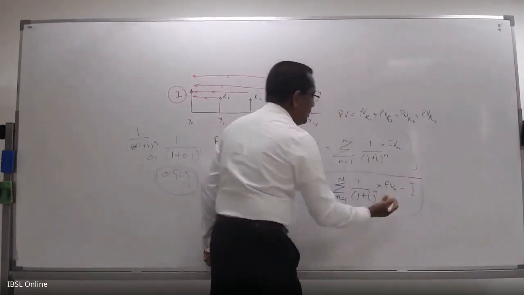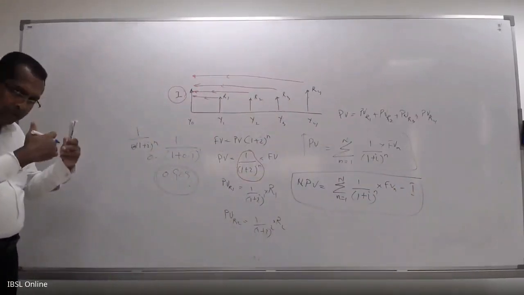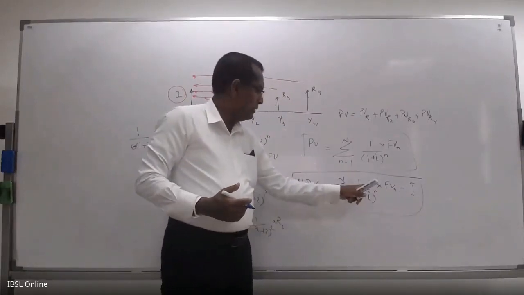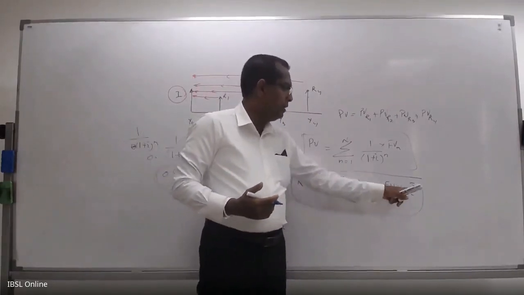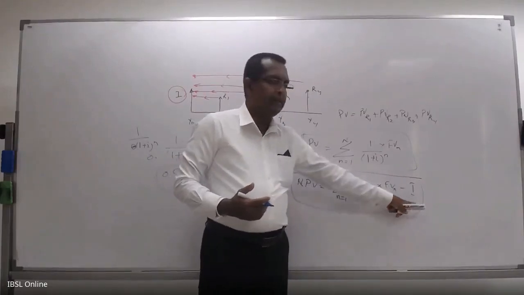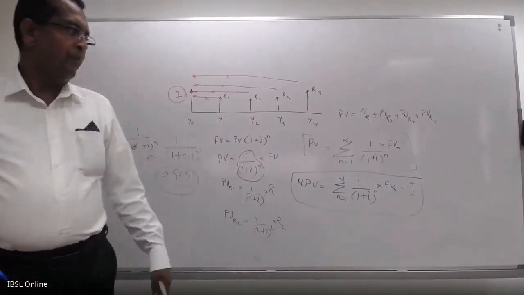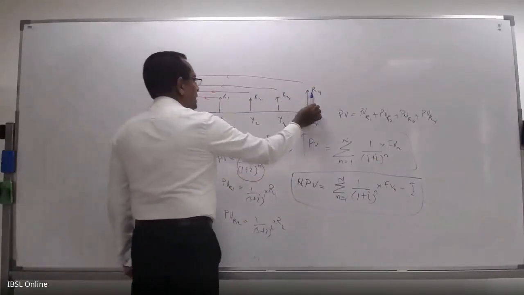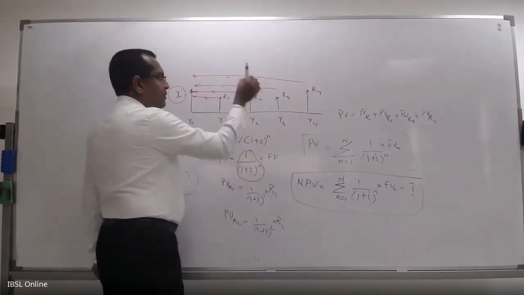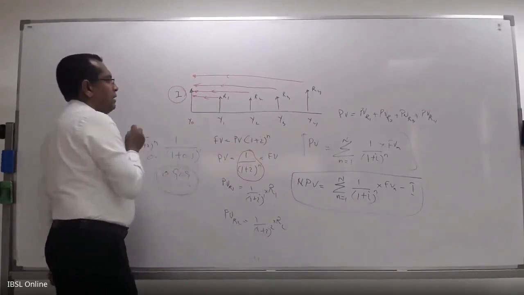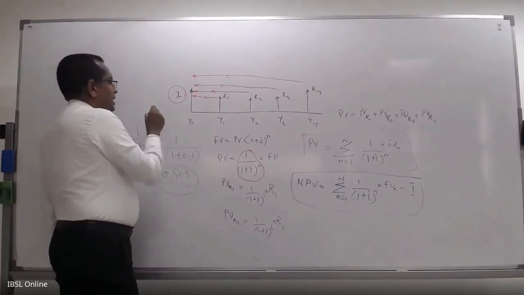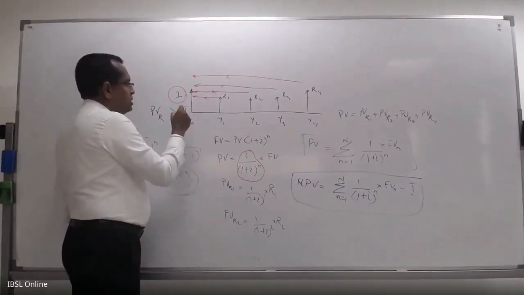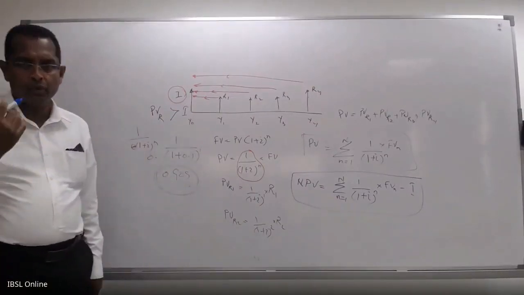That means you bring all the future values to today's value and subtract the investment from that, because all these are profits, the cash flows they earn, and this is the initial investment. When this is positive, it means the present value of the future expected cash flows is greater than I. The present value of future returns is greater than the initial investment. That means it is good.